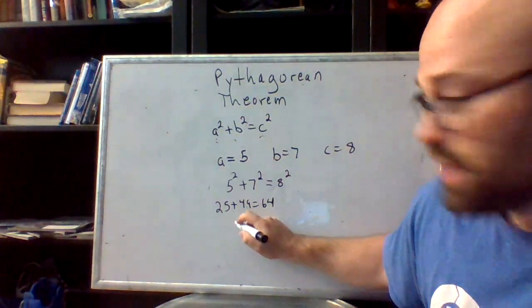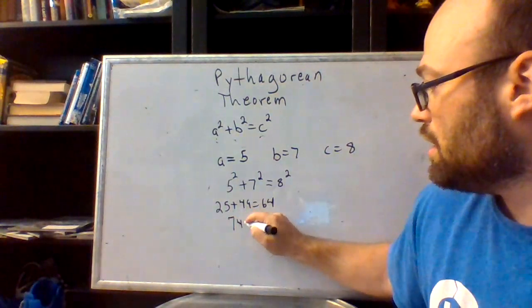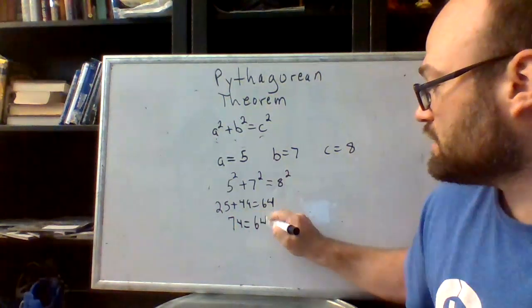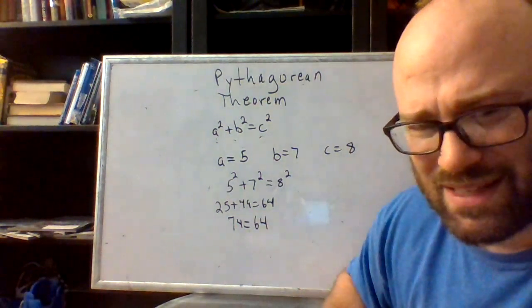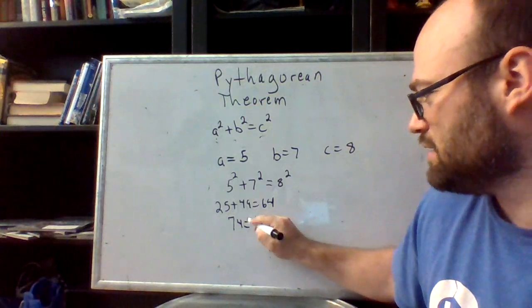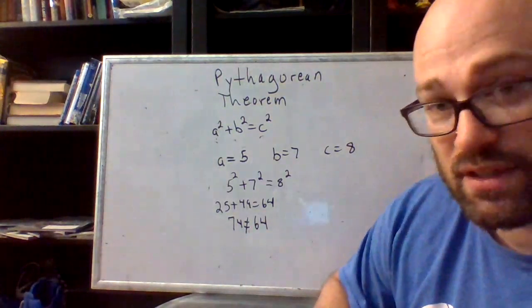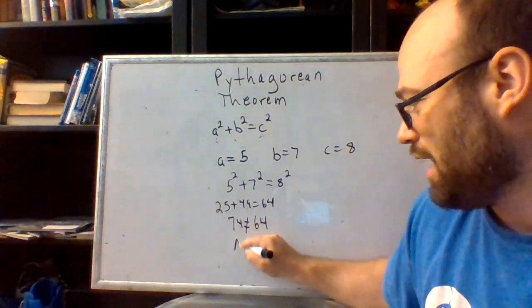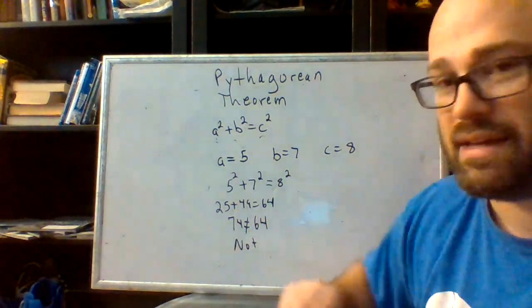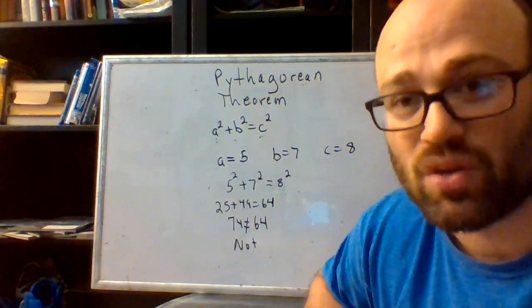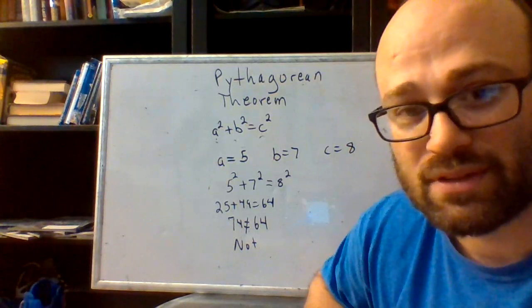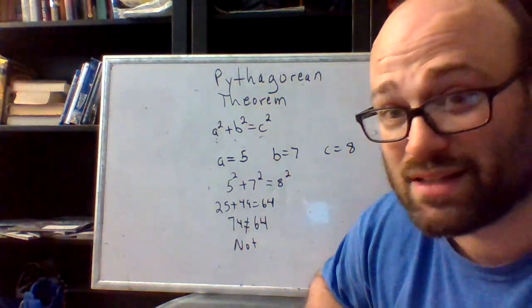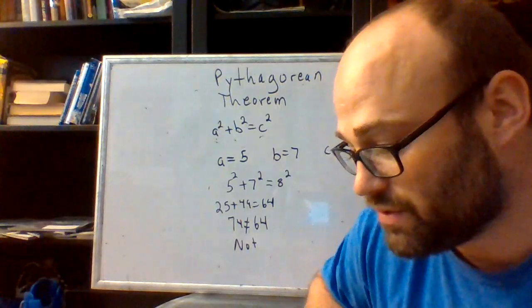No, it's 74. So 74 equals 64. Is that true? Does that make sense? No, it doesn't make sense. 74 does not equal 64. And so since it doesn't equal it, this is not a right triangle. It is not a Pythagorean triple. Okay? This does not work whatsoever. So let's do another one.